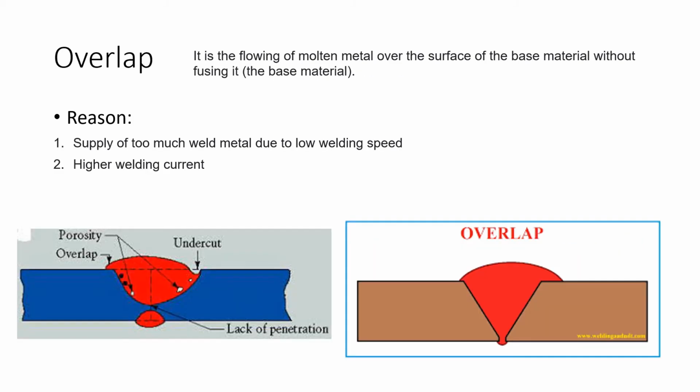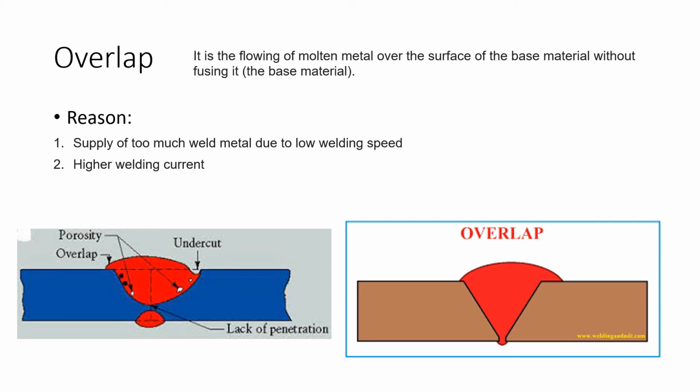Then we are going for the next defect, that is overlap. What is overlap? We can see that it is just lapping. In the left figure, and also in the right figure, you can see that the molten metal is getting overlapped over the base metal, but without fusion of the base metal.